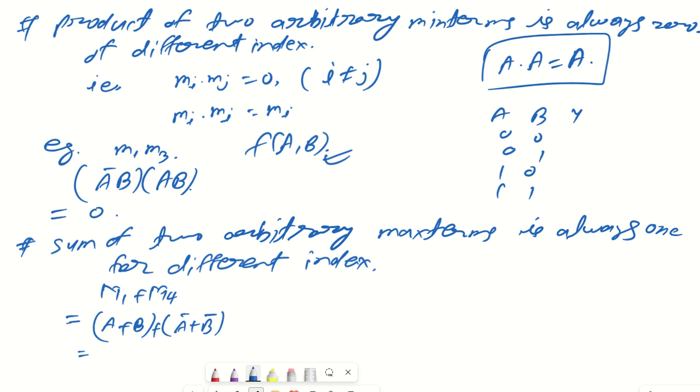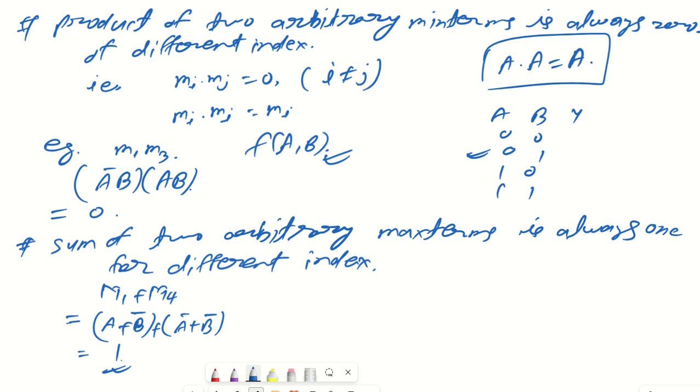And M1 was what? M1 was this, that is a is 0 and b is 1. So b is 1, it means a plus b bar. Okay, now if you add them up, then what are you going to get? A plus a bar, definitely one of them is there, so it will be 1. So this is why the sum of any two arbitrary max terms is always 1.